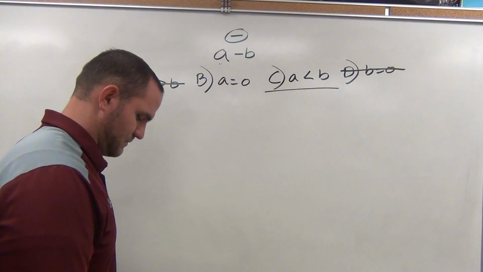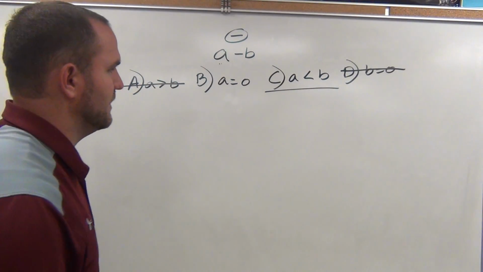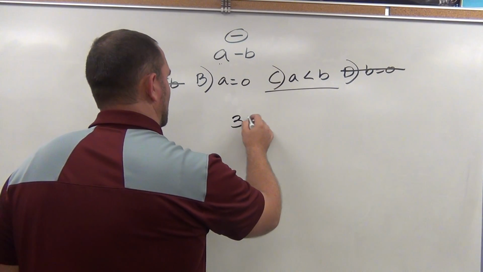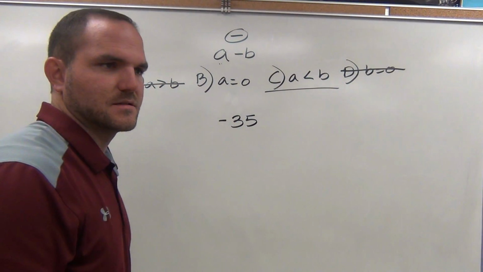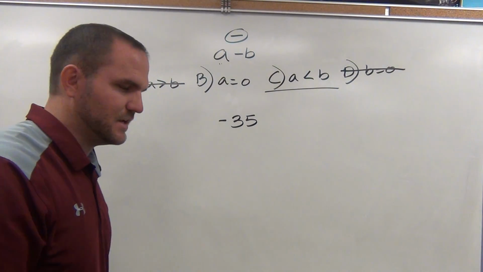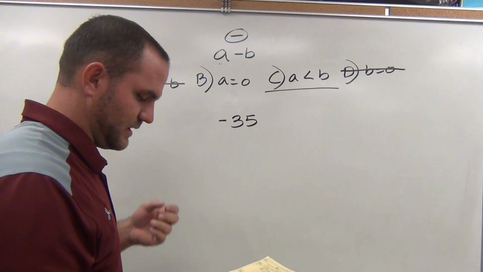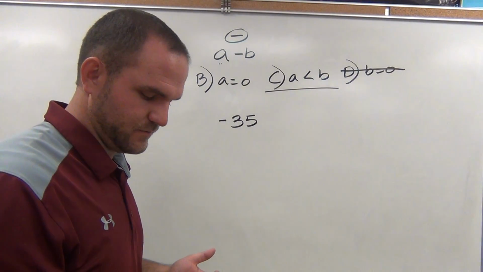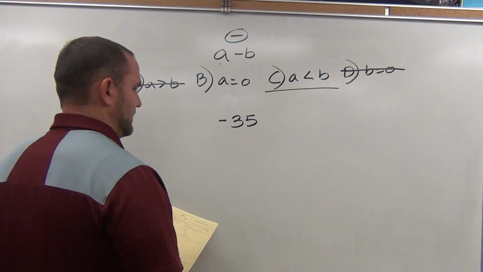Let's look at one more here. So your bank charges a fee of $35. Okay, so we're going to put a negative to that because it's charging you a fee. So that means that they're going to take money out of your account when the balance in your account is 0 or negative, okay? So that means that you're going to start off with a negative number.